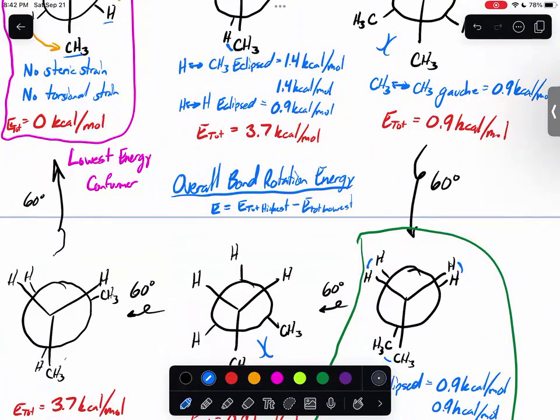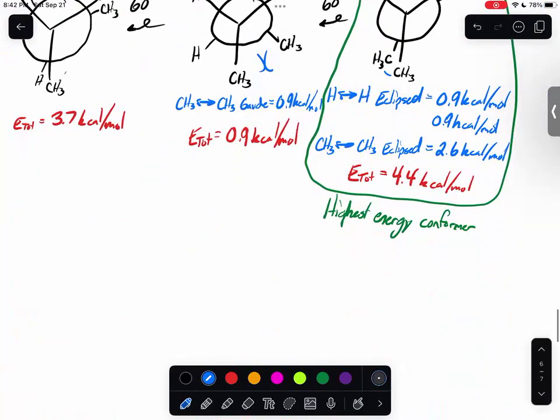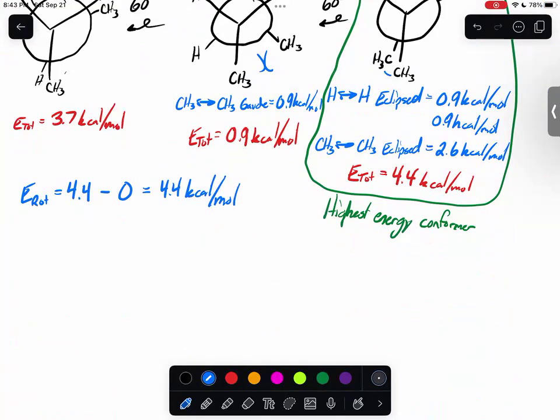So if we were to look for the energy of rotation here, it would be 4.4 minus 0, which would be equal to 4.4 kilocalories per mole. So essentially, to get this bond to fully rotate around, it's going to take 4.4 kilocalories of energy. All right?